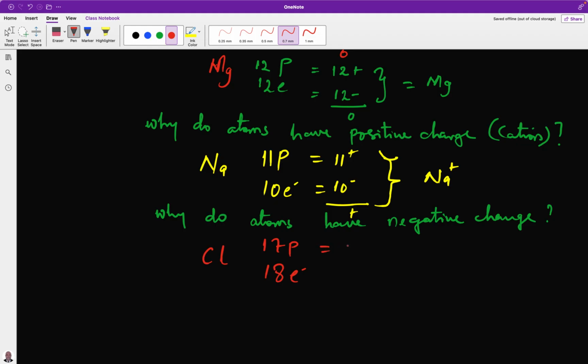This is equal to 17 positive charges, and this is equal to 18 negative charges.